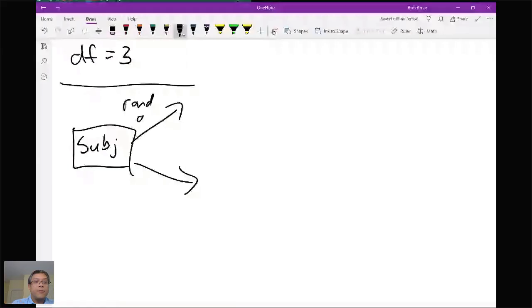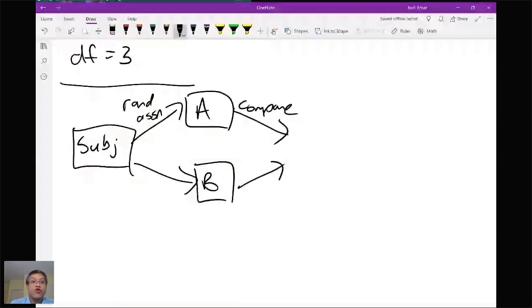So you randomly assign them to treatment A and treatment B, and then your goal is to compare. For example, maybe you gave them 2 different kinds of training, and then checked how well their reading speed improved over the course of the training or the instruction.